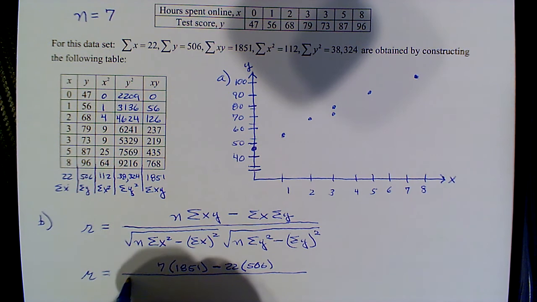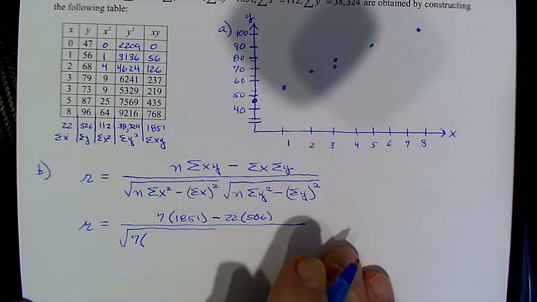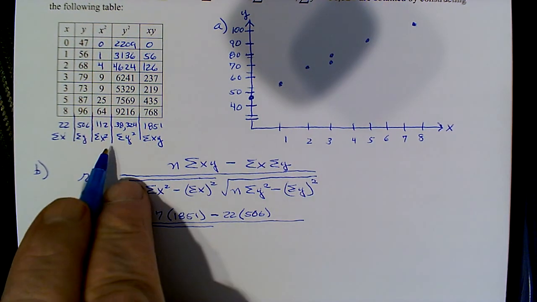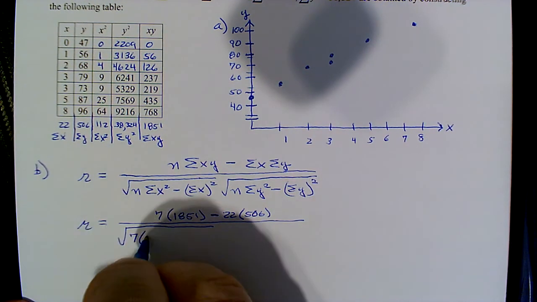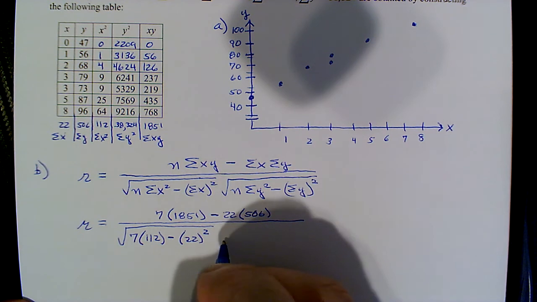And that's all over the 2 square roots. The first one, n, which is 7, times the sum of the x squareds, that's 112, minus the sum of the x's, 22, as a quantity squared.